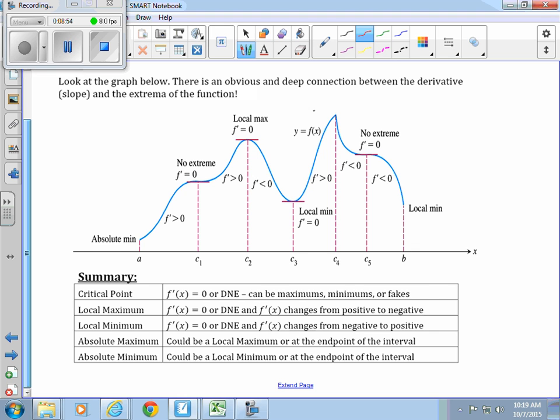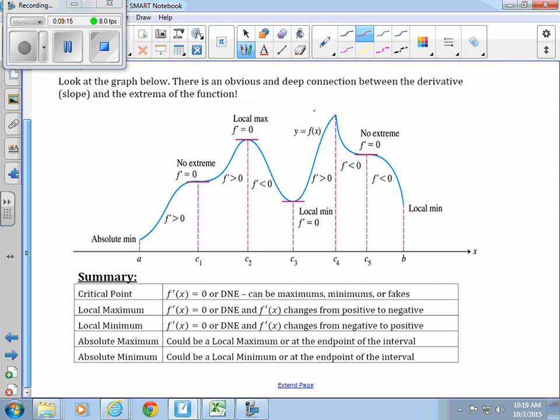Local maximums happen when the derivative is either 0 or undefined, and the derivative changes from positive to negative, increasing to decreasing. Local minimums happen when the derivative changes from negative to positive at a critical point.